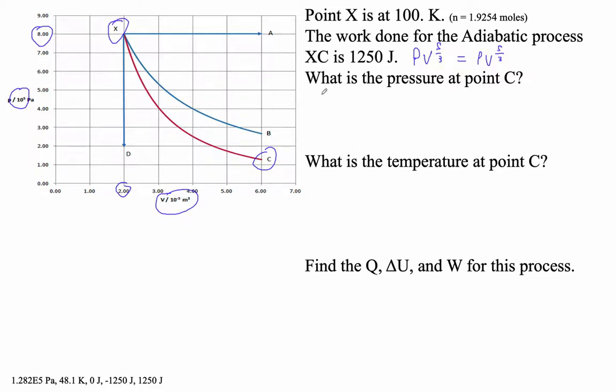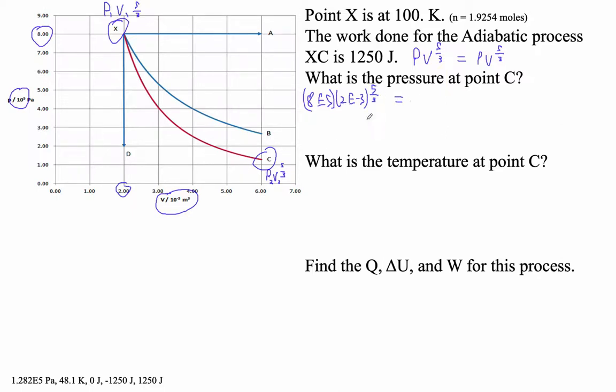Okay, so let's find the pressure at point C. So P1 V1 to the 5/3 equals P2 V2 to the 5/3. The pressure we've got is 8E5, by that I mean 8 times 10 to the fifth, and then 2E minus 3 raised to the 5/3.